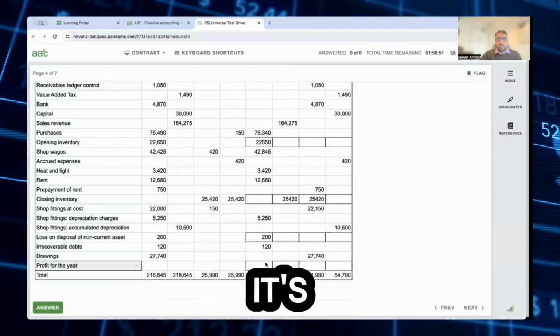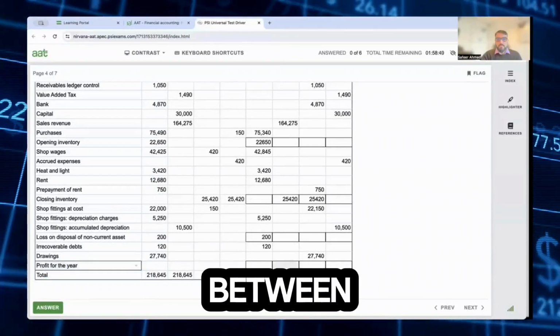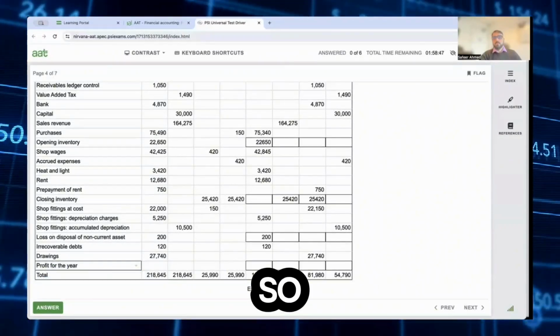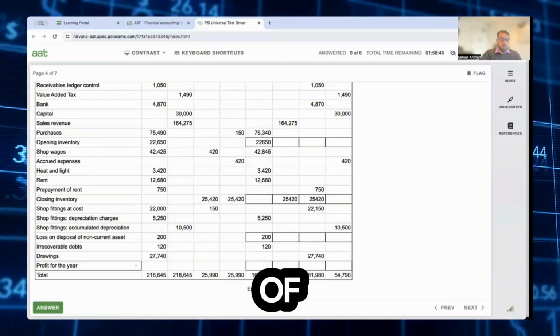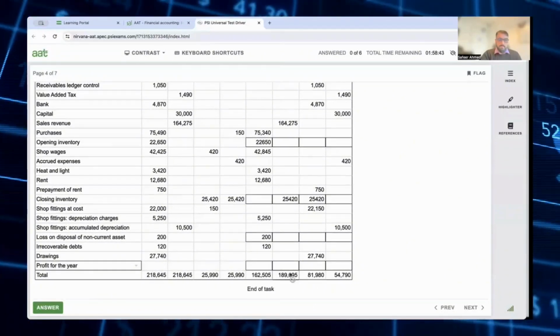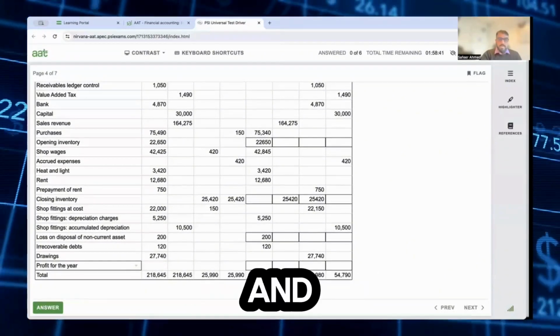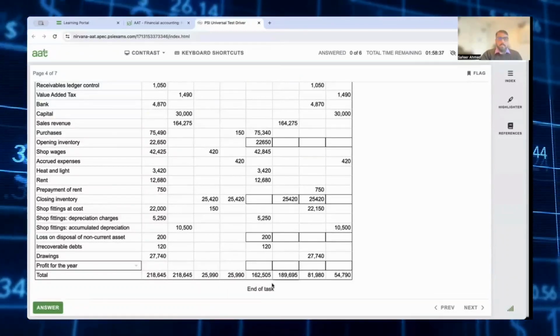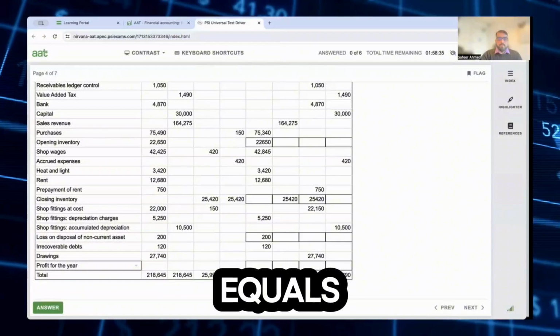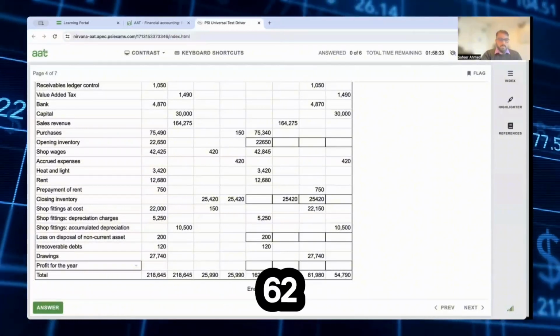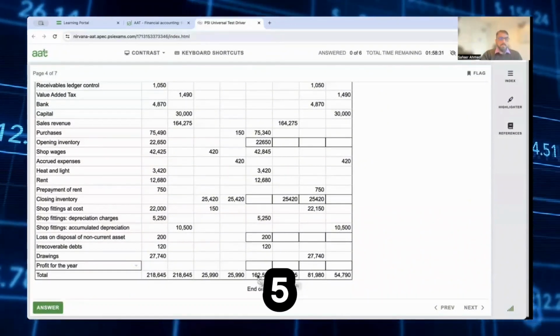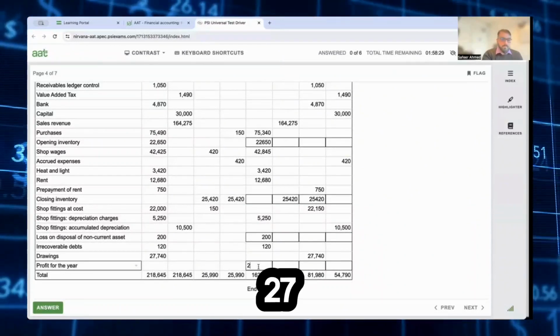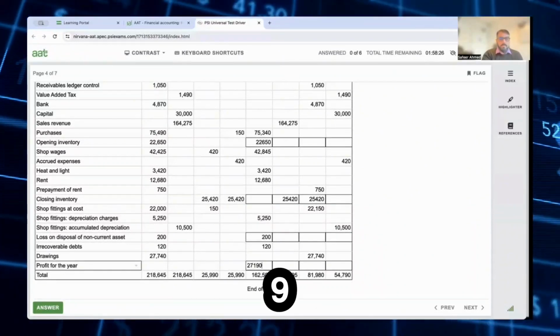So it looks like it's profit, as you can see, the difference between these two. So credit side of the statement of profit and loss, which is 189,695, minus, of course, the debit side, which is 162,505, which gives you 27,190.